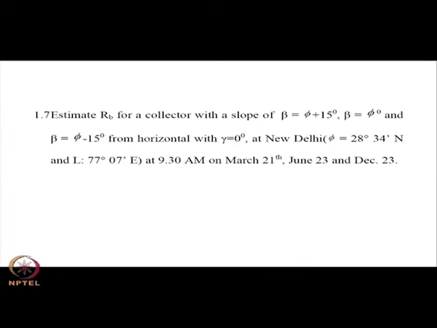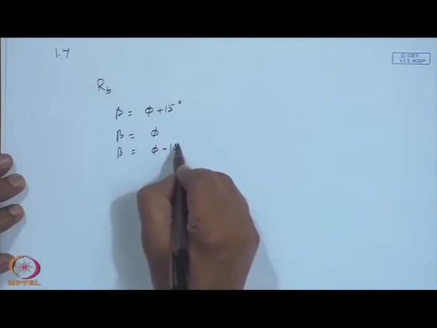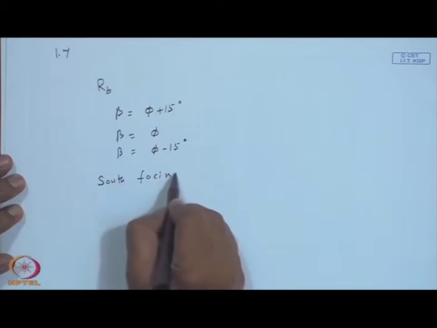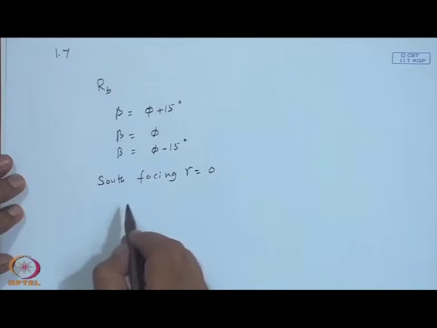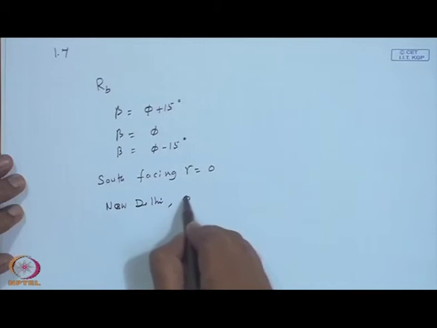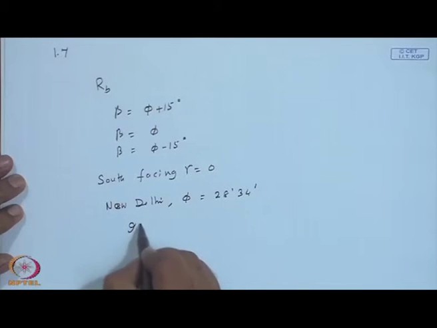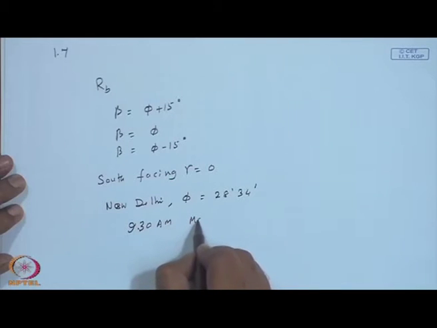Then we go to problem 1.7, estimate R b 1.7, that is the tilt factor for the direct radiation for a collector with 2 slopes, beta equal to phi plus 15 and beta equal to phi minus 15 degrees from the horizontal, and south facing, that is gamma is 0, for location New Delhi, latitude is 28 degrees 34 minutes, at 9:30 a.m., March 21st.